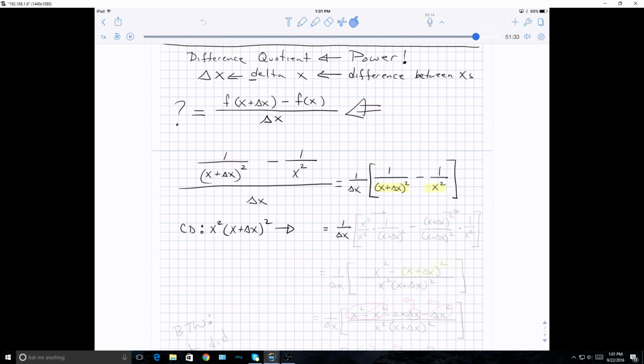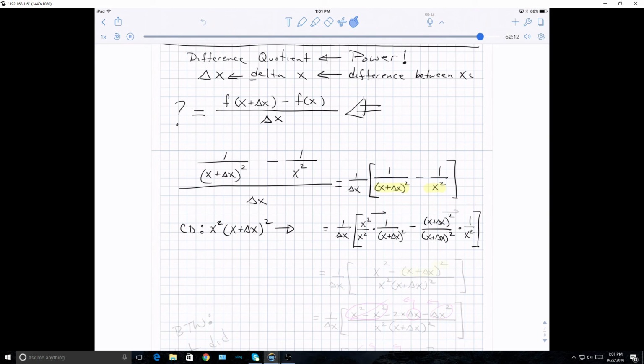So we have 1 over delta x times, well, what we have here is we're going to have to multiply this by x squared over x squared times that first beast. And then we're going to have to subtract, well, it looks like x plus delta x squared over x plus delta x squared. And we'll have to multiply that by what was left.